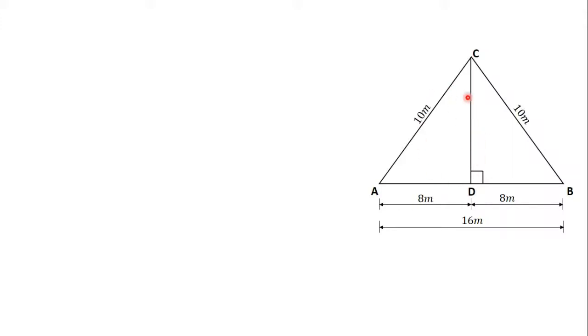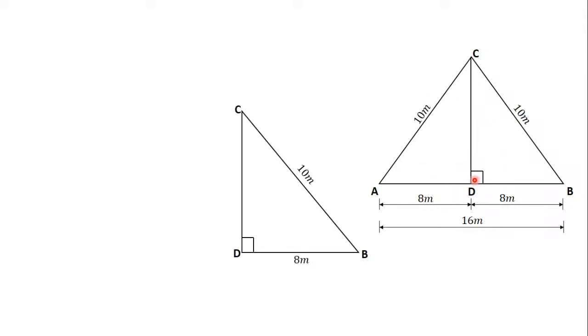If you consider this triangle very carefully, we can draw a right angle triangle from it. If you consider the points D, B, and C, you see that DBC forms a right angle triangle.